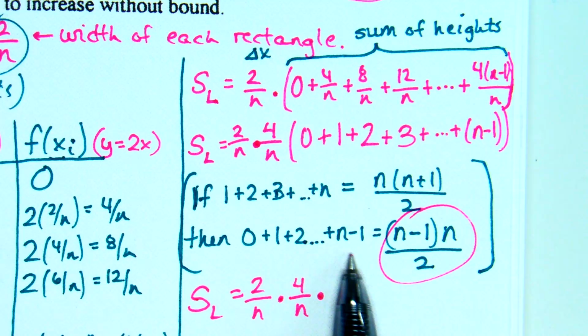And now, let's clean it up. Can I cancel some first before I clean up? 2 on top can cancel with 2 on bottom, and n on bottom can cancel with an n on top. And it's not that you have to cancel it, clean it up right there. We could multiply it all out and it would work out just the same.